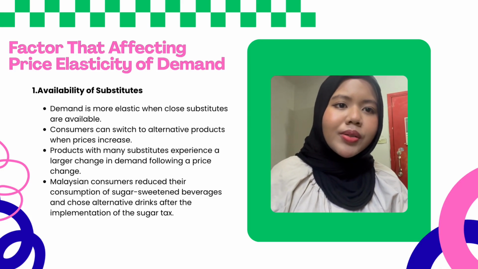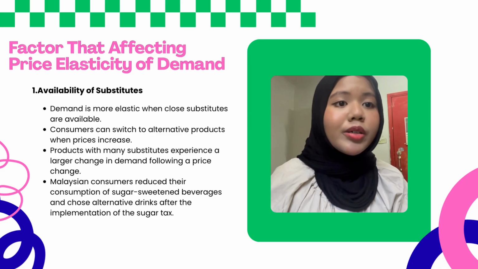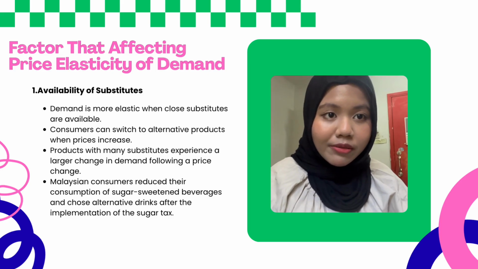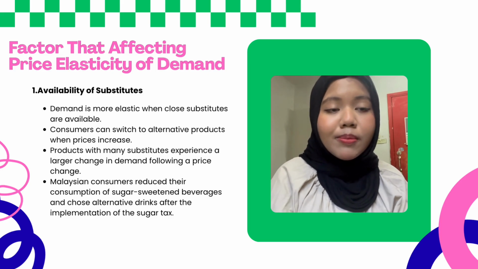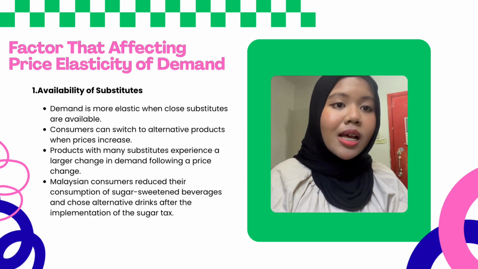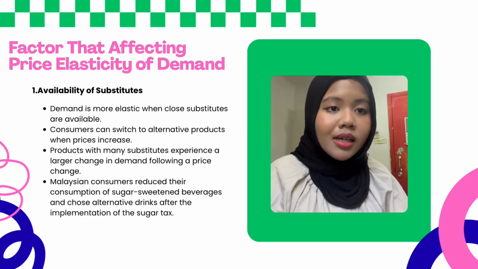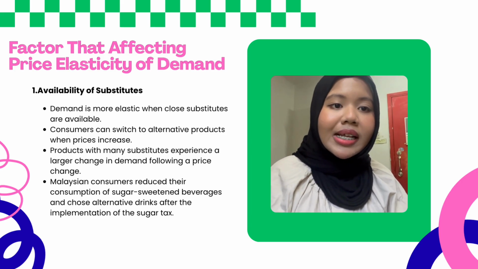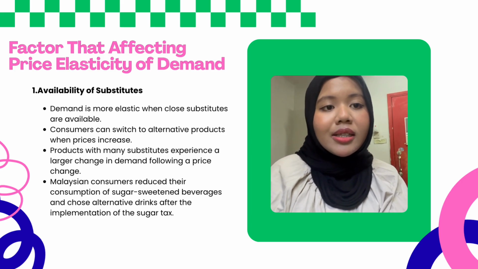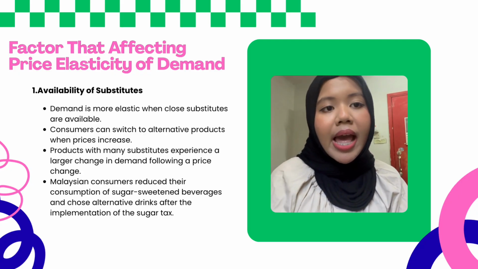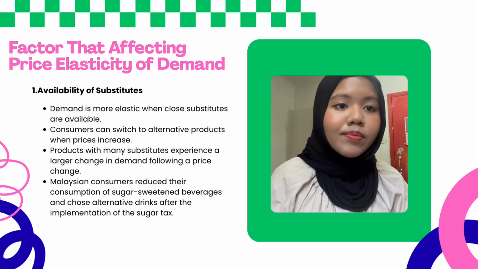This can be seen in the study of Malaysian sugar sweetened beverages: after the implementation of the sugar tax, consumers reduced their purchasing of sugary drinks and started to find alternatives, buying plain water and low sugar drinks.